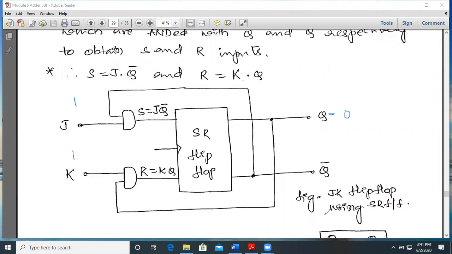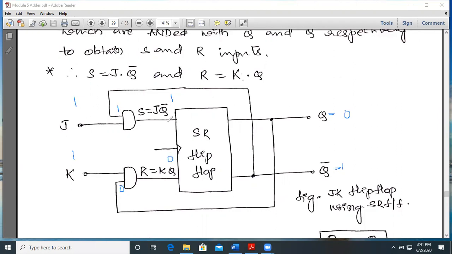Let us take Q is equal to 0 and Q bar is equal to 1. With this only we can do the analysis. Now let us see what is the input S. Since Q bar is 1, here we could write 1. When both the inputs are 1, we are going to get S as 1. Here Q is 0. Since Q is 0, we are getting R as 0.